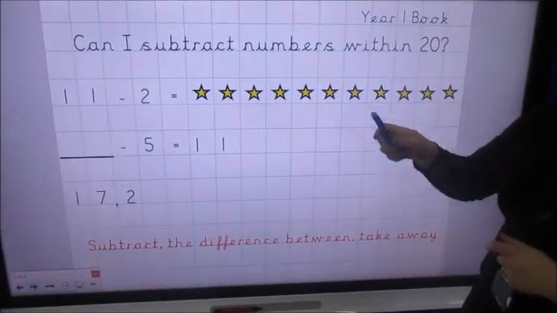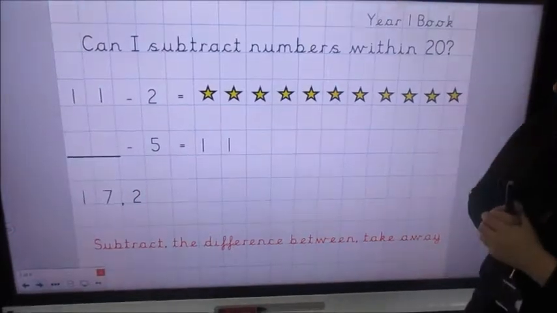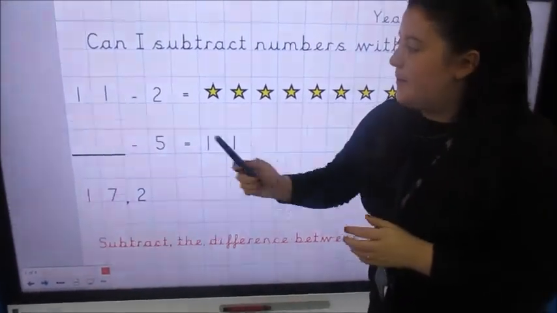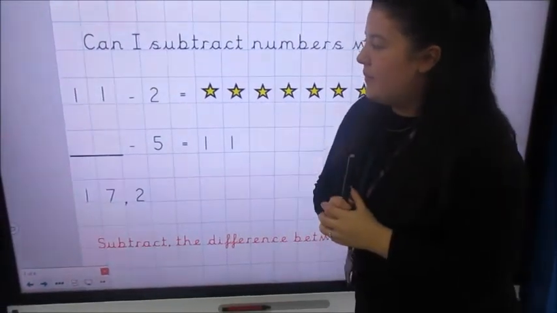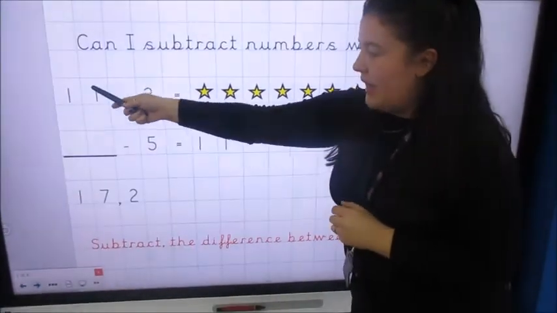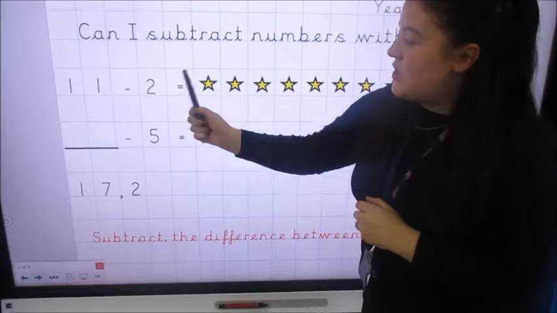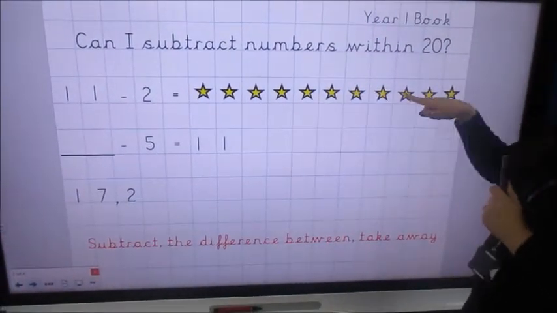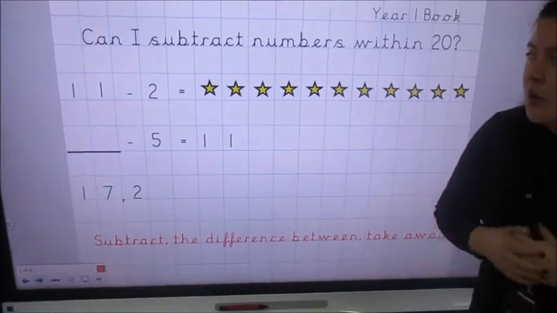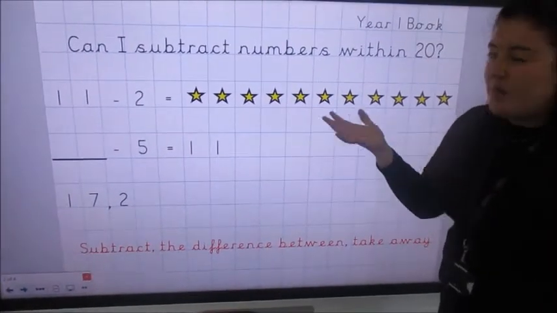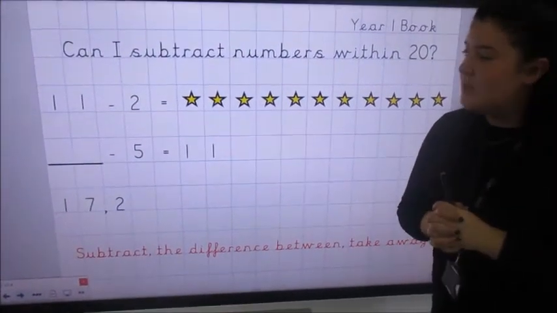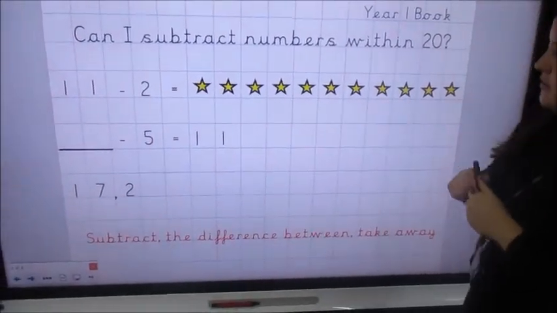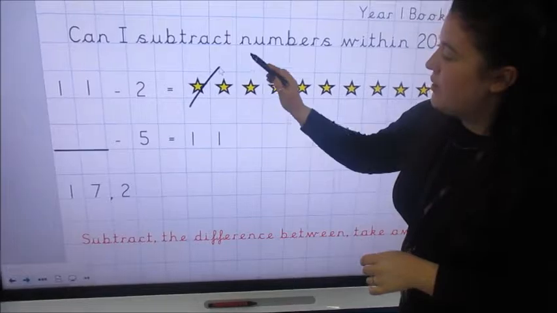So, similar to the other slide, we've got a sum. We need to read it together. What number have we got here? 11. 11, take away 2 equals, okay? Now, I've got 11 objects, 11 stars. What do you think I'm going to do? How am I going to find out the answer to that? I can cross them out. So I've got 11 stars. I'm going to cross out 2.